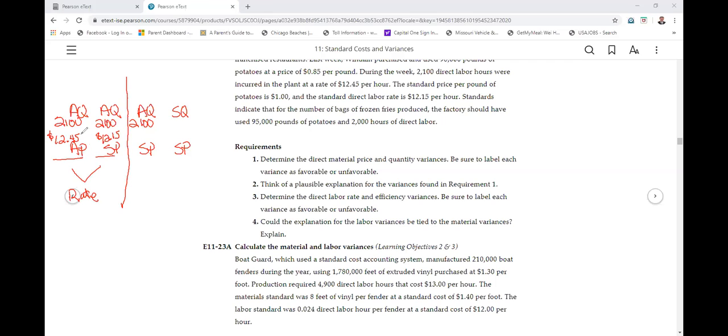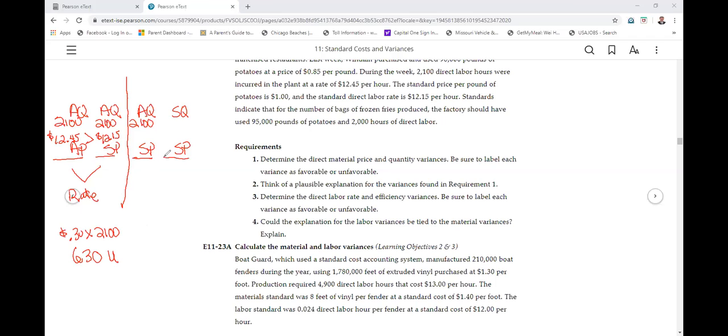And it looks like we paid 30 cents more than the standard, right? We paid $12.45. That's greater than the standard by 30 cents. So you'd take literally that 30 cents and multiply that by the 2,100 hours. And that gives me, it's a pretty small variance, but it's right at 630. And of course, you'd say unfavorable because you paid more.